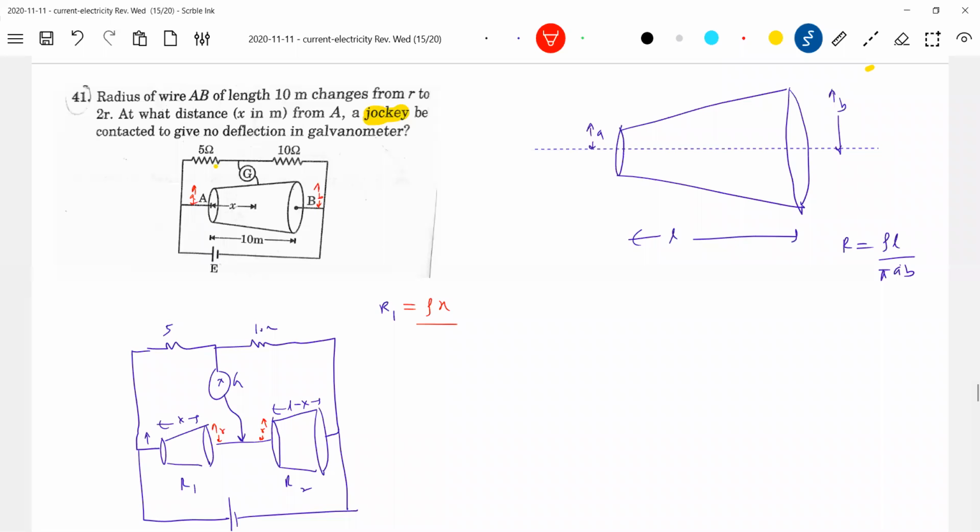Rho X by pi AR. Smaller, not internal resistance, smaller should be, or we'll take it Y. Okay, what is R2? R2 should be rho L minus X by pi Y into B.